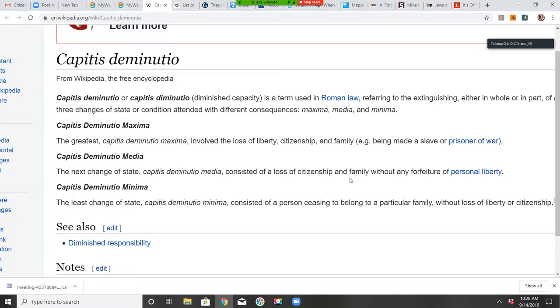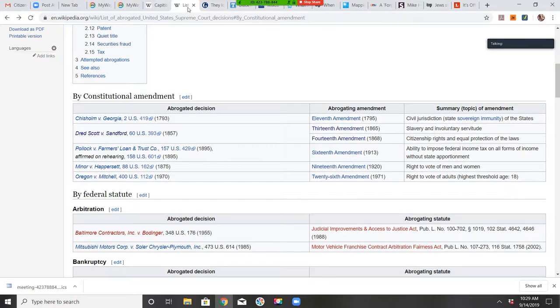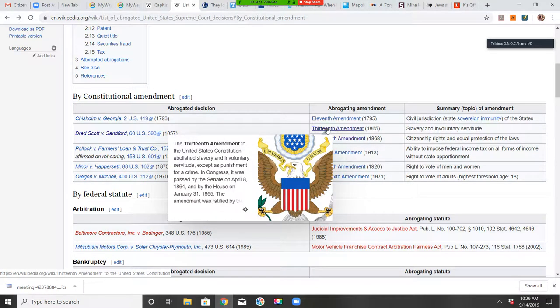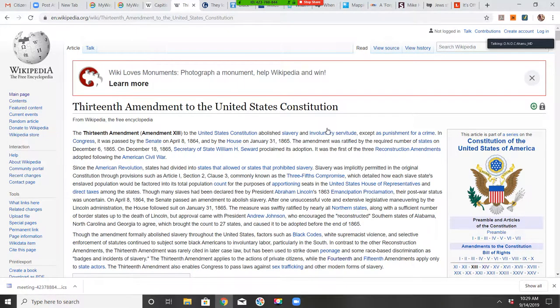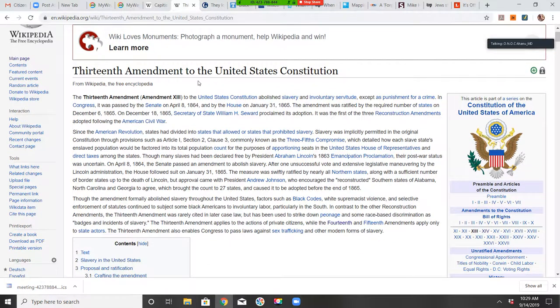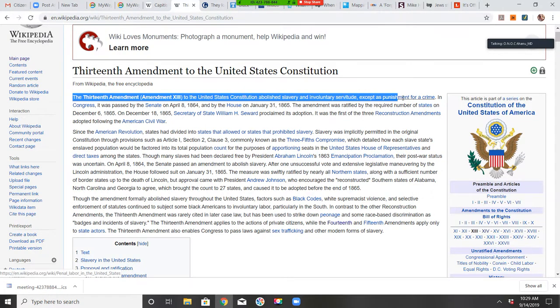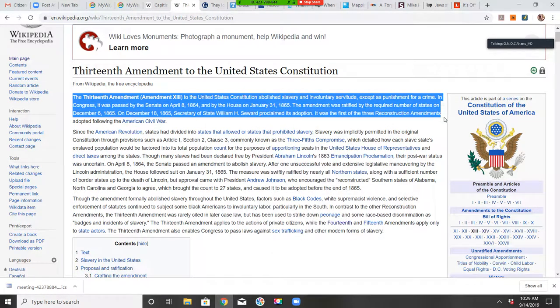So our 13th Amendment only got rid of one type of slavery, that's the involuntary servitude. If they're showing you that slavery is two-part, because they said the United States abolished involuntary servitude, that means there has to be another type.